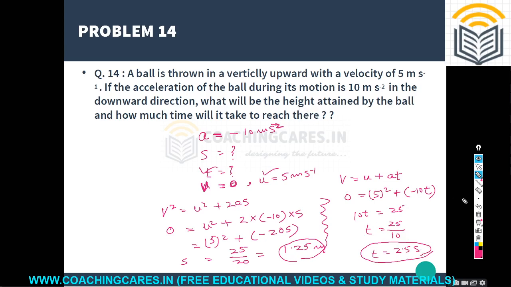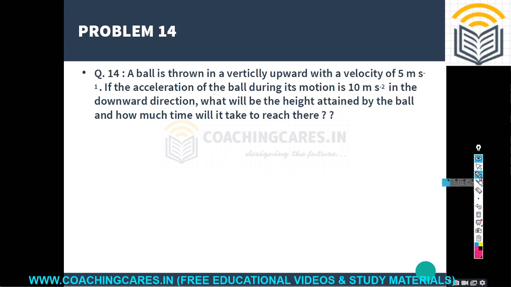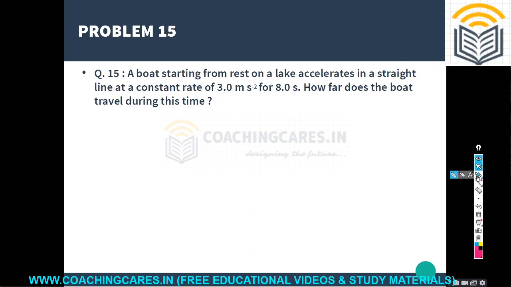So like this we'll solve all the problems. Let us take another problem. A boat starting from rest on a lake accelerates in a straight line at a constant rate of 3 meter per second square for 8 seconds. How far does the boat travel during this time? So the boat is at rest initially.